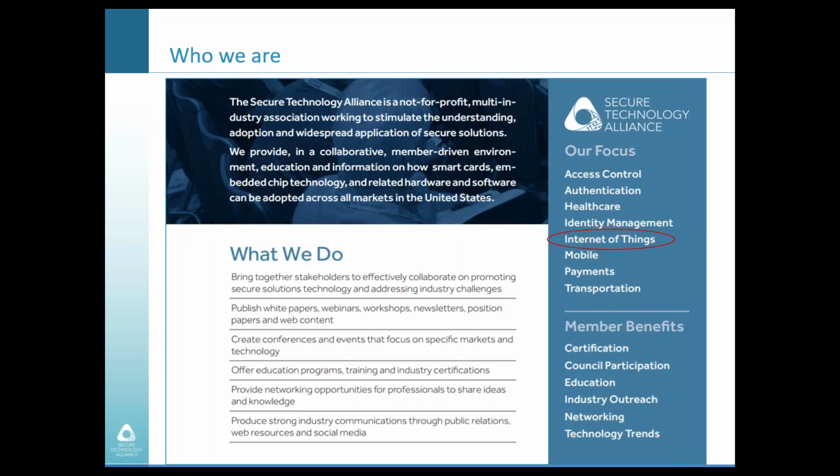On the right side, you see the markets that we focus our attention on, which include access control, authentication, healthcare, identity management, Internet of Things, mobile payments, and transportation. And today's focus, obviously, is going to be about the market of the Internet of Things.